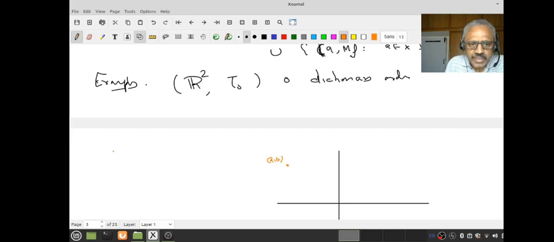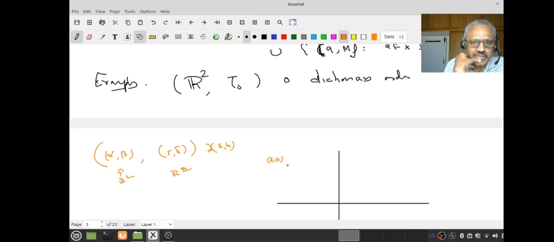So what do I have to do? I have to take something like an open interval (alpha, beta), (gamma, delta), in R^2, so that my point (a, b) lies in this interval. This would mean (alpha, beta) should be less than (a, b). What does that mean? Either alpha equals a, in which case beta should be less than b.